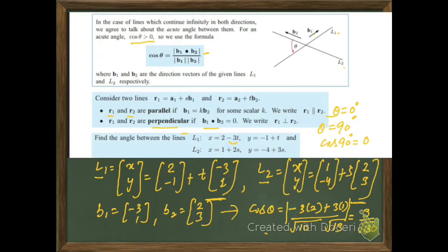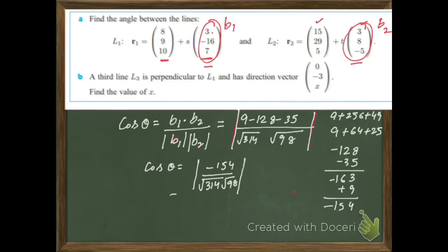Now let's take one more example. Here is a question: find the angle between two lines, L1 and L2. If you see carefully, the lines are represented in vector equation form. In a vector equation, as you remember, 8, 9 and 10 in this case is the fixed point through which your line is passing, and in this case 15, 29 and 5.